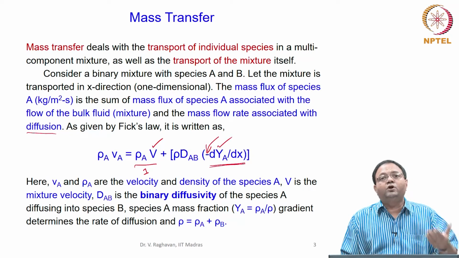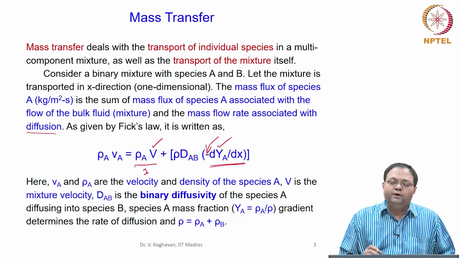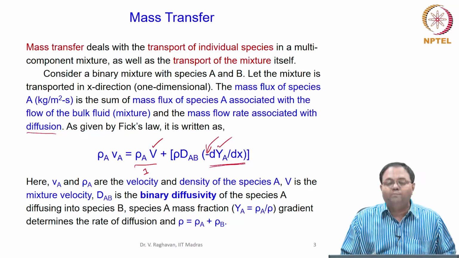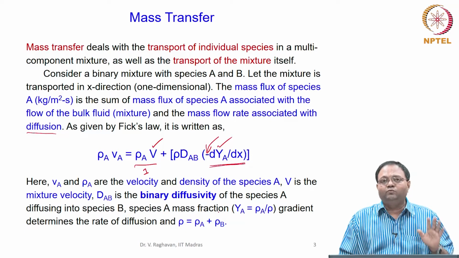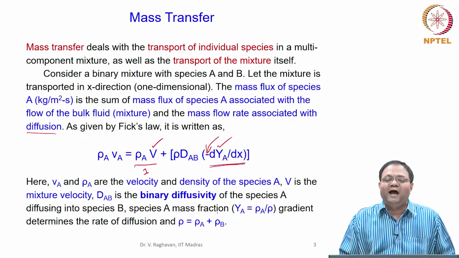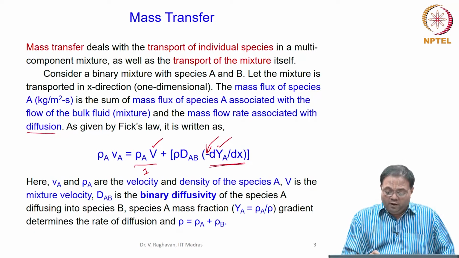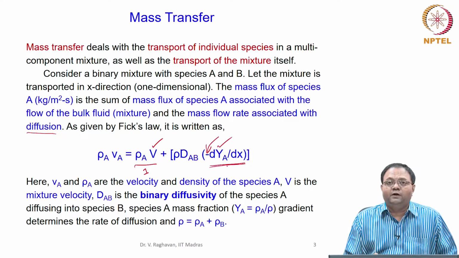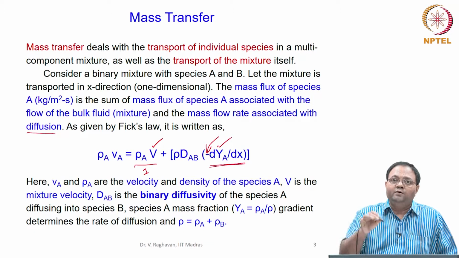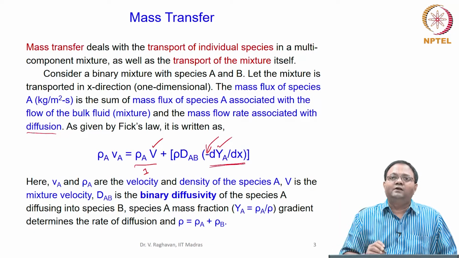So, the diffusion of species A into species B, here we are only considering a binary mixture, which has only two species A and B, like air, oxygen and nitrogen. The concentration gradient drives species A into species B from the point where its concentration is higher to a point where it is lower.